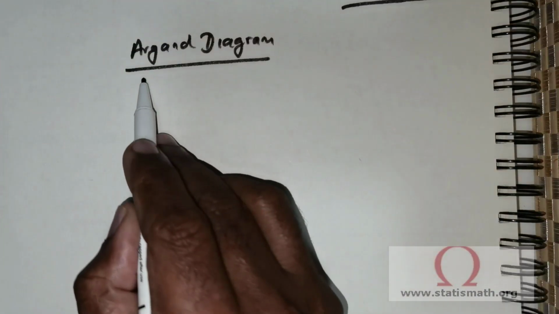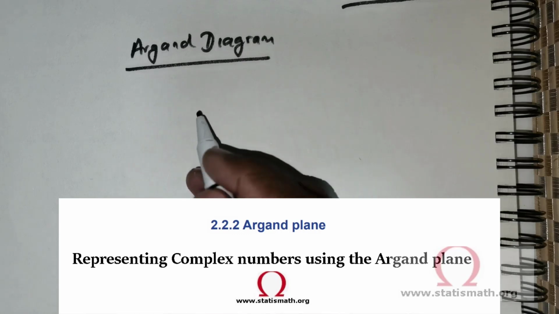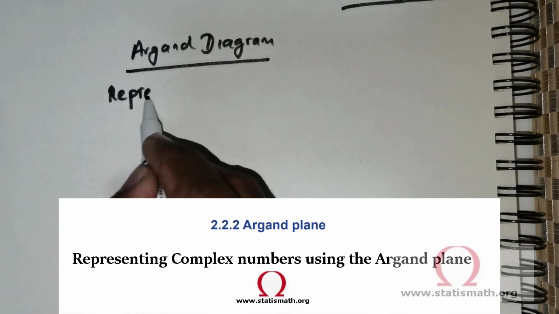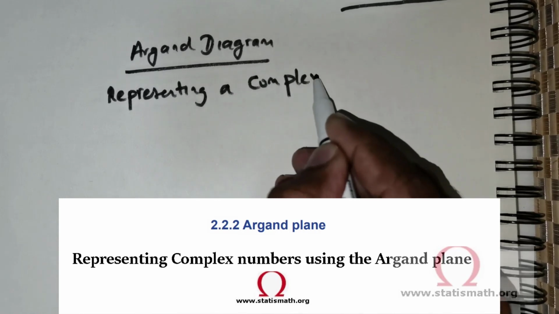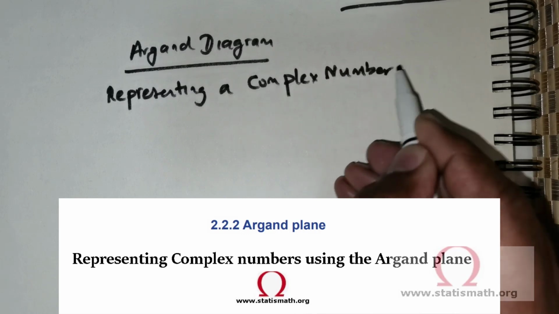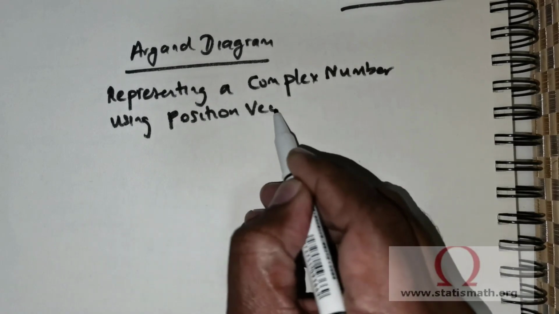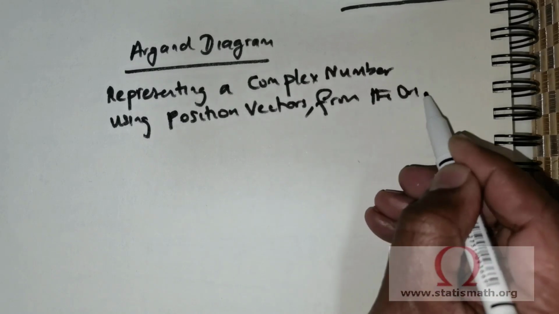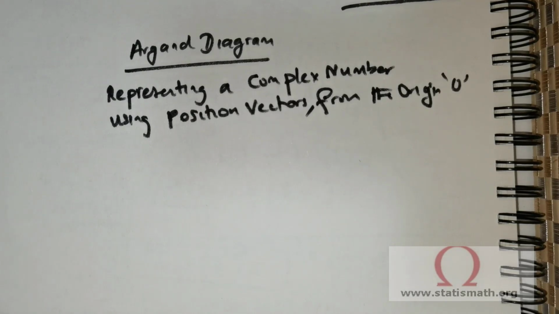Students, in this class you will understand what is meant by using an ARGAND diagram to represent a complex number. So what exactly is the ARGAND diagram? It's nothing but representing a complex number using position vectors from the origin O. Now, what exactly does that mean?